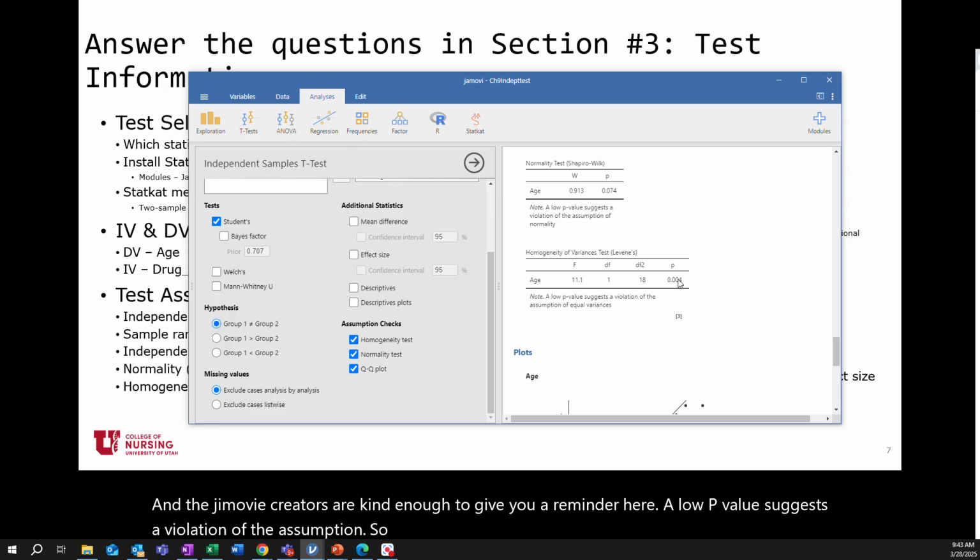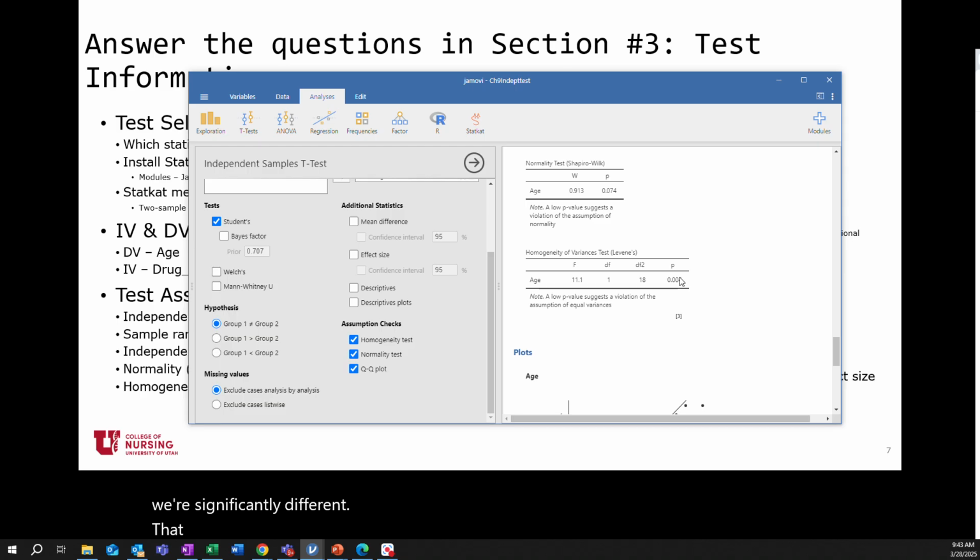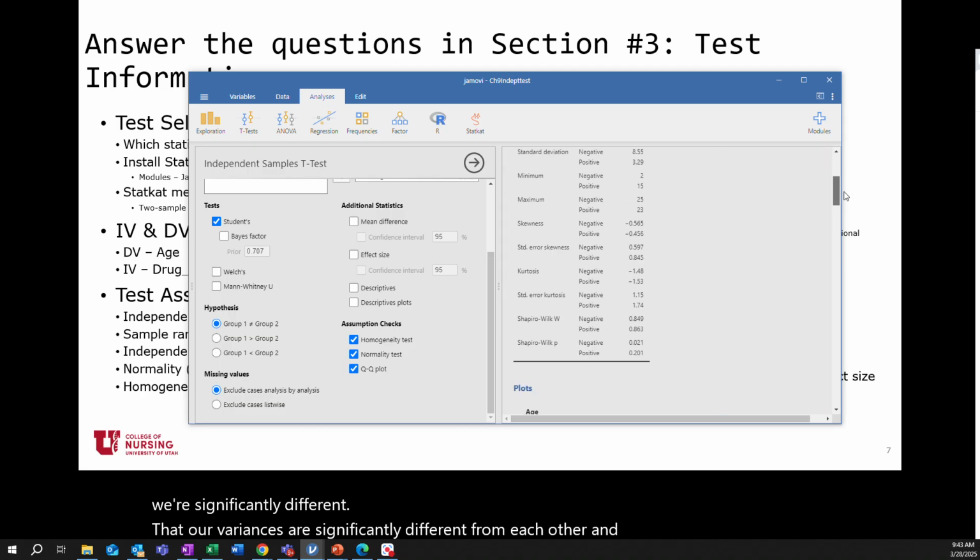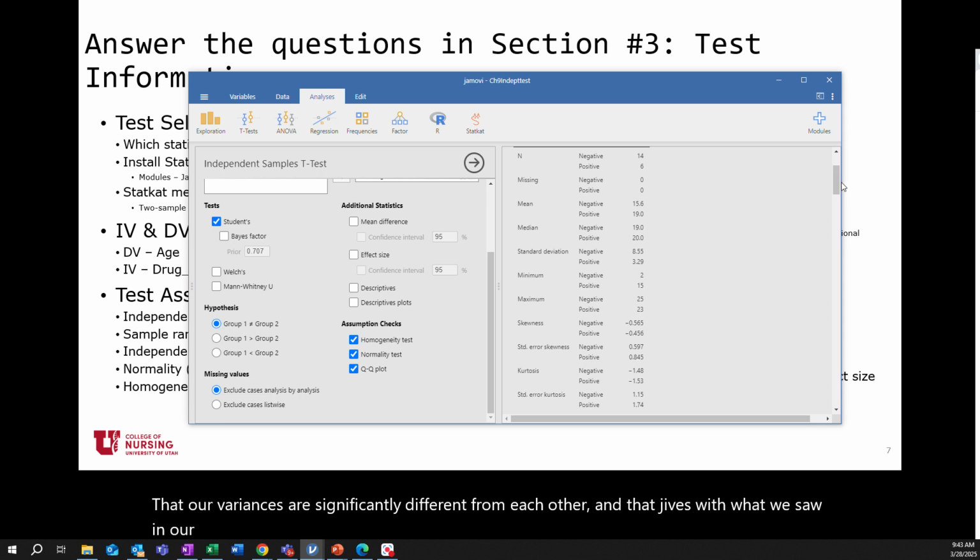So if we're significant on this Levene's test, that means that our variances are significantly different from each other. And that jives with what we saw in our descriptive statistics when we looked at our standard deviations. One group had 8 and another group had 3.